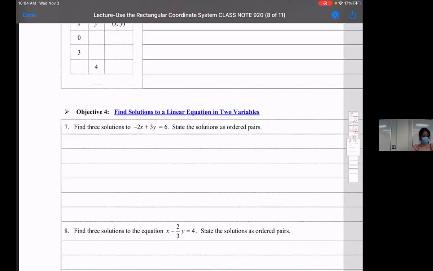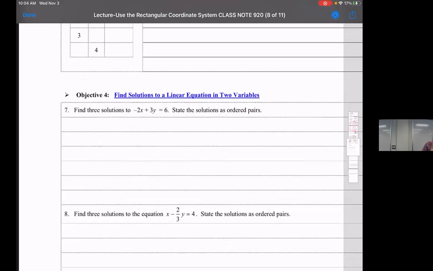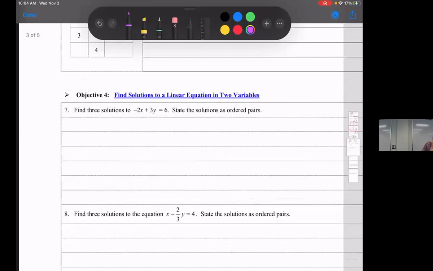Find the solution to a linear equation in two variables. So here they don't give you anything at all. They ask you to come up with 3 solutions, a pair each. And everybody has a different opinion. For me, I like 0. I don't know about you. I bet it's going to be your favorite soon.